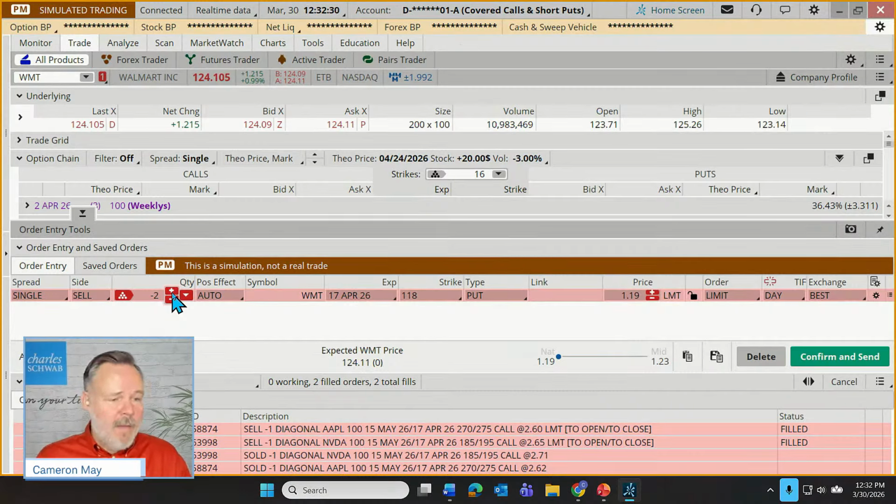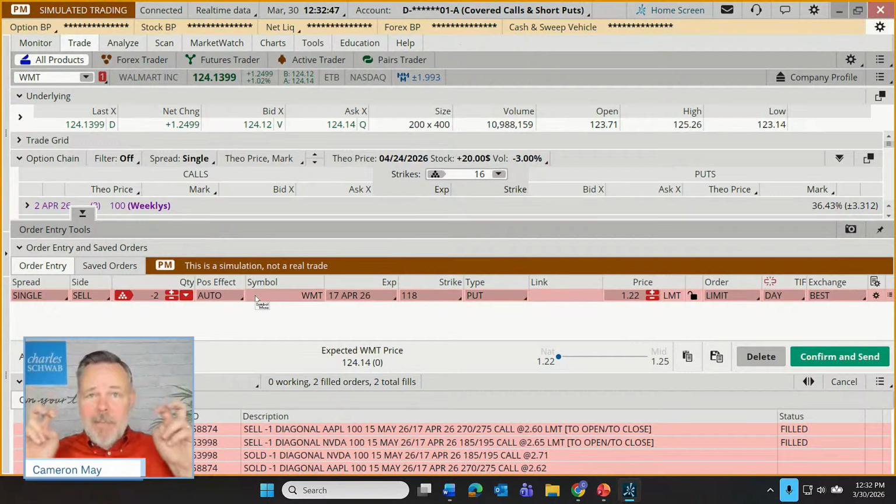So I think it's a good habit to develop to keep an eye on that liquidity so that we don't accidentally run into issues either getting in or, even worse, potentially getting out. Let's sell 2 of these contracts. So we're obligating ourselves to potentially have to buy shares at 118. That might be exactly what our trader is looking for.